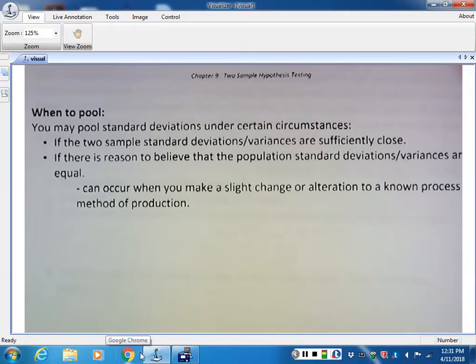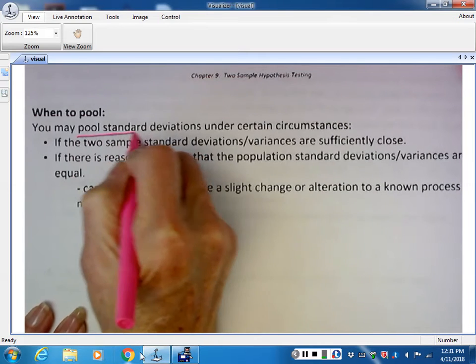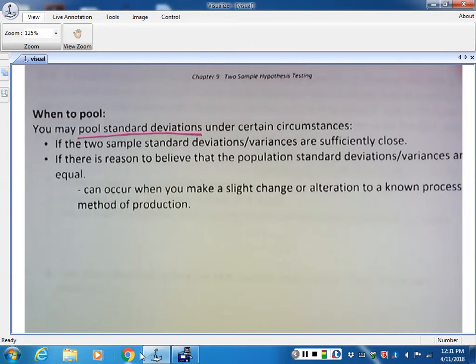It's asking us, do we want to pool the variances or do we not want to pool the variances? You can pool the standard deviations or variances, because those are actually not one and the same, but if one's equal, the other one is going to be equal. You can pool the standard deviations only under certain circumstances.